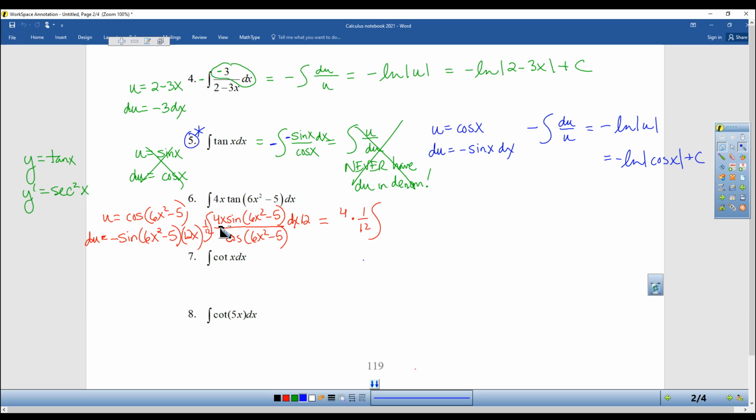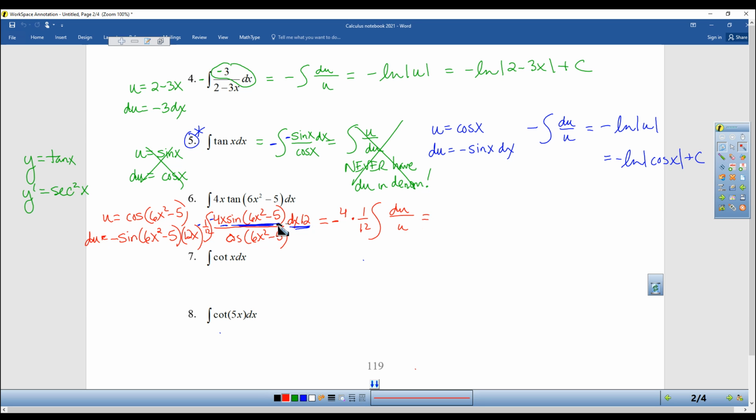So my x, my sine of x, and my 12 dx are all that. Oh, missing a negative. So in addition to that, I also need a negative on the inside and the outside. So I have a negative there. And now the 4 I took out, the x, the sine, the dx, and the 12 all make my du. And on the bottom, I just have u.